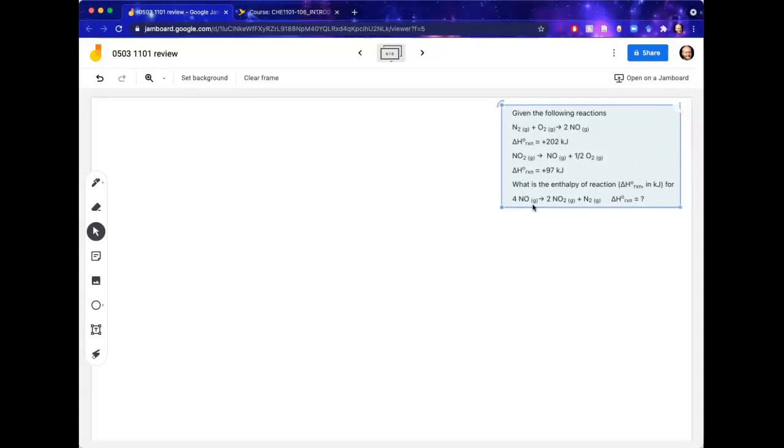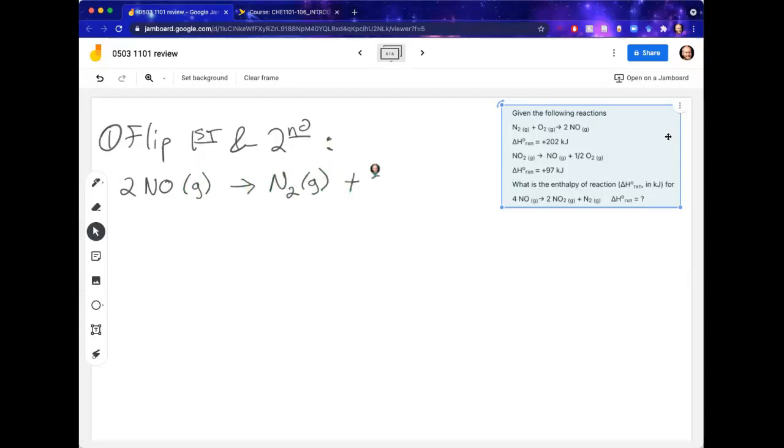First of all, we've got NO on the left-hand side, the reactants side. And so if I'm looking at my two puzzle pieces, I'm probably going to need to flip both of these so that I can get NO on the left-hand side. So that first reaction, we're going to have 2NO going to N2 gas, O2 gas.